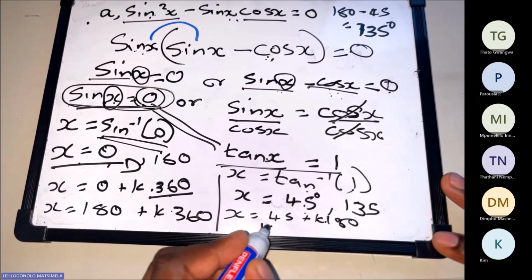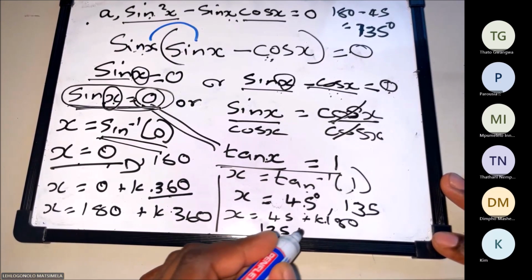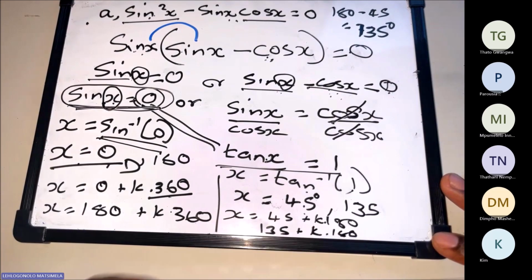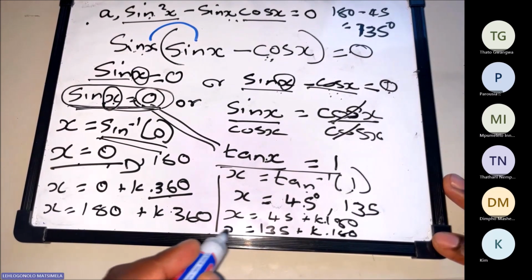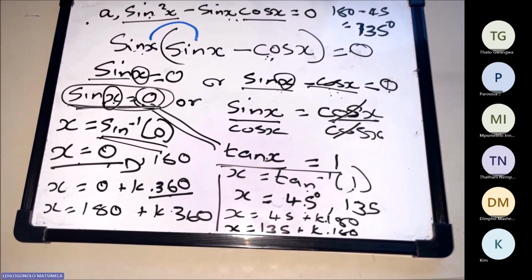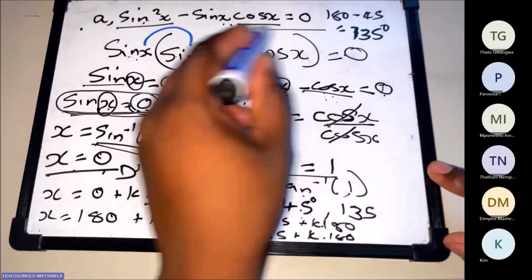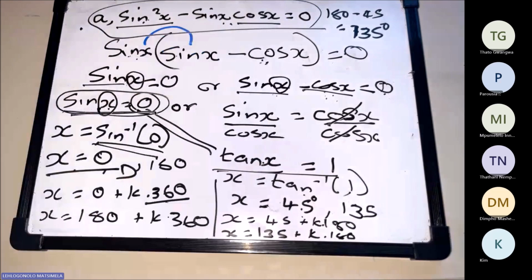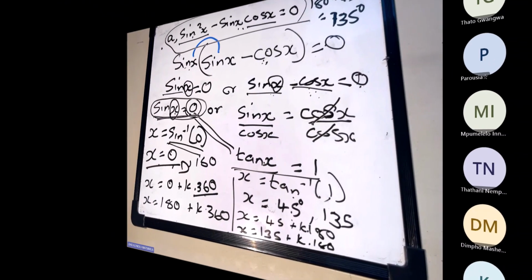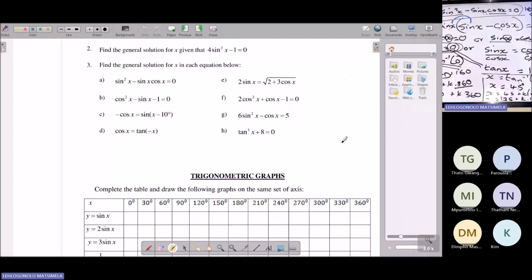The second one will have 135 plus k 180. So these are the possible general solutions of the original equation, and that's what they are looking for. They want to see these last solutions. Don't forget them.